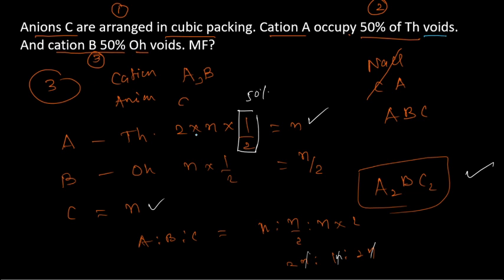So tetrahedral 2 into n into 1 by 2, because 50% is given, and this one is 50%, so n by 2. C is n only. So A, B, C is n to n by 2 to n, and you can multiply the entire thing by 2, so it becomes 2n, n, 2n. So n can be taken out, so 2 is to 1 is to 2. It means A2BC2, that is the molecular formula.